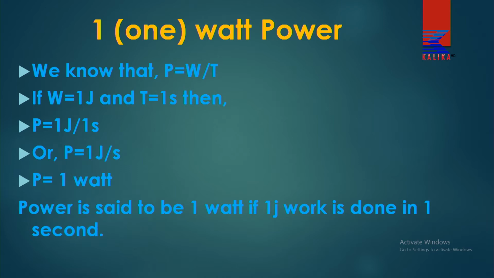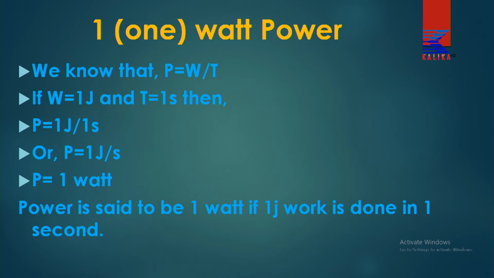You should remember, to get the value of 1 watt of power, you need to think about 1 joule and 1 second. So 1 joule work should be completed in 1 second. Power is said to be 1 watt if 1 joule work is done in 1 second.